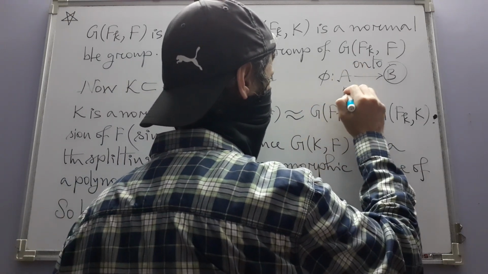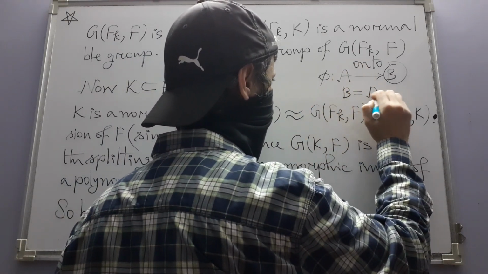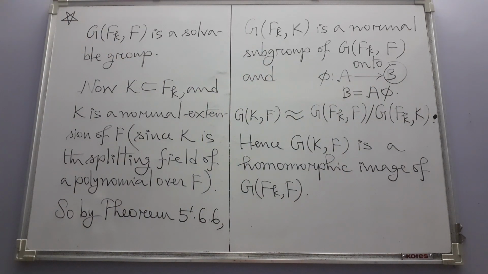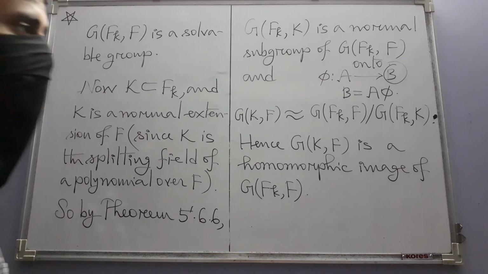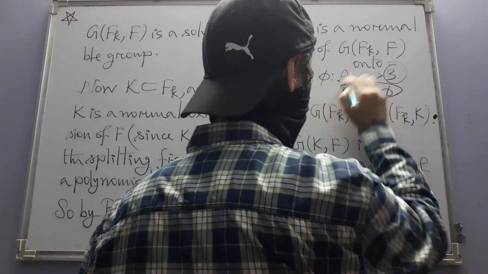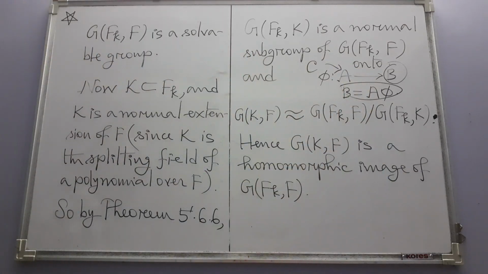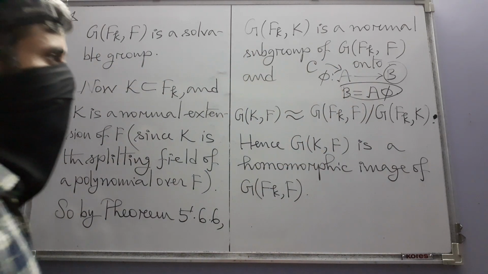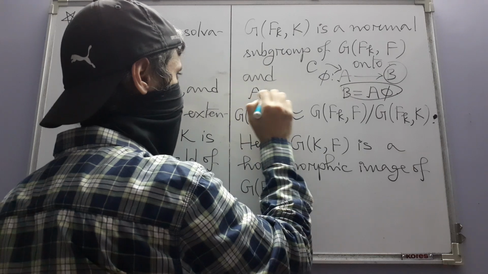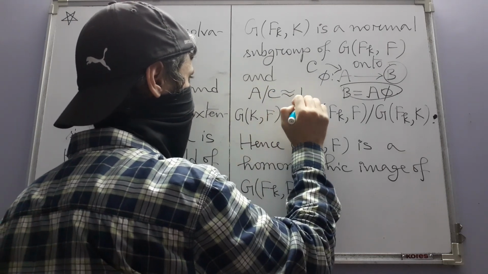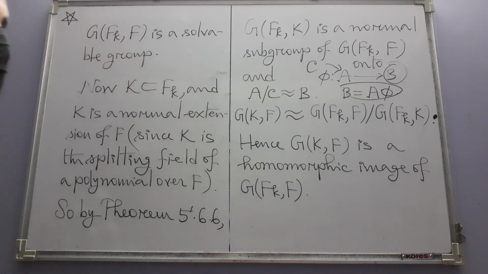That is, B is A phi, remembering that we write mappings on the right side, not phi of A. But we also know that if C is the kernel of this homomorphism, then the quotient group A by C is isomorphic to B, that theorem.